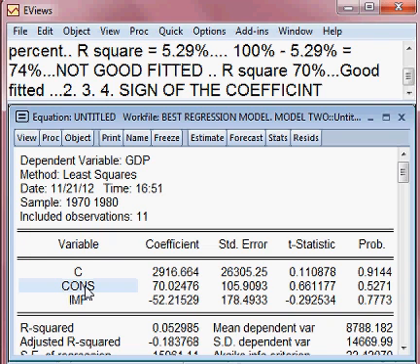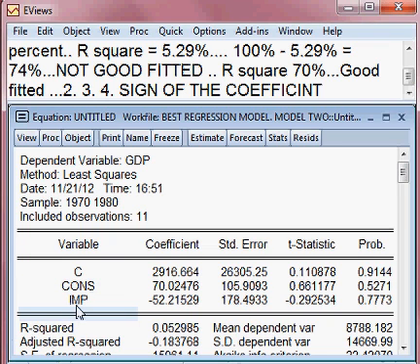Or we can say the other way, if the import goes down by 1 unit, GDP would go up by 52.21 units on average, provided the other independent variable is fixed or constant.